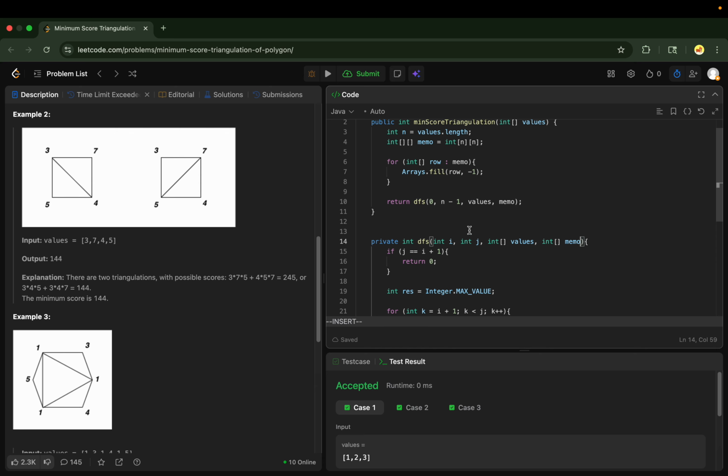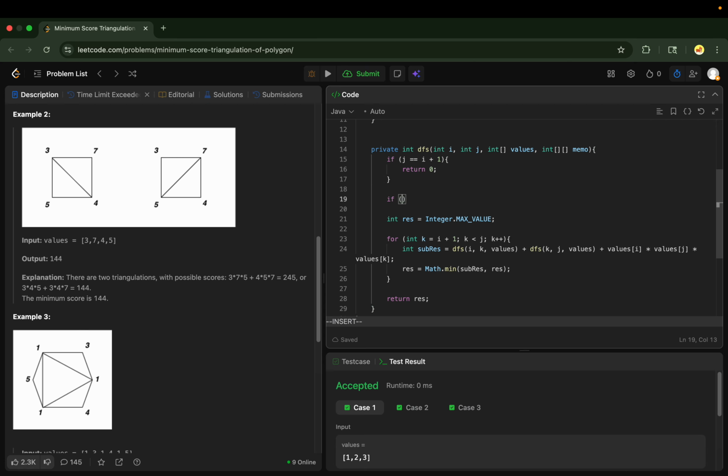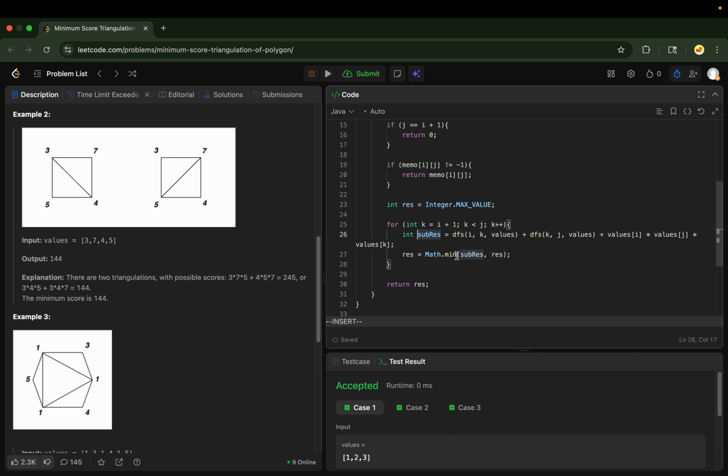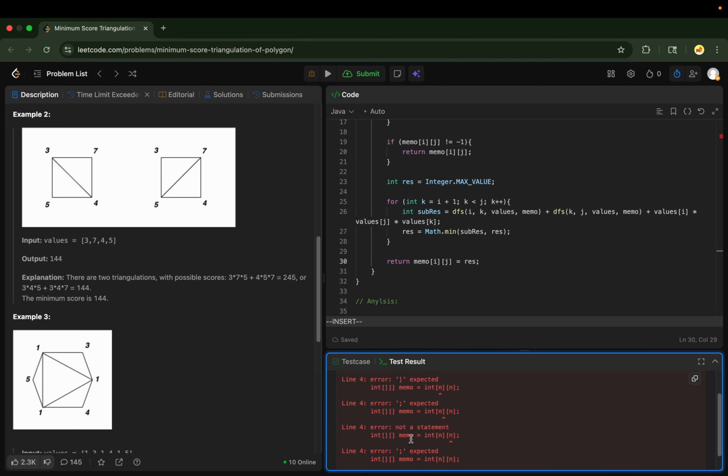If we check before, we can directly return the memoized value.